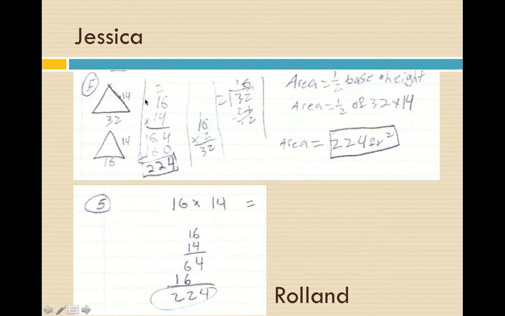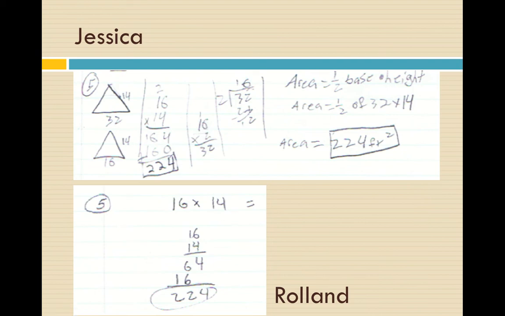Here is Jessica's work, a lot of work it took. She first wrote here the formula and then plugged in the numbers, and then this is her work and how she got 224. As you can see, Roland, the adult student, did not show as much work.